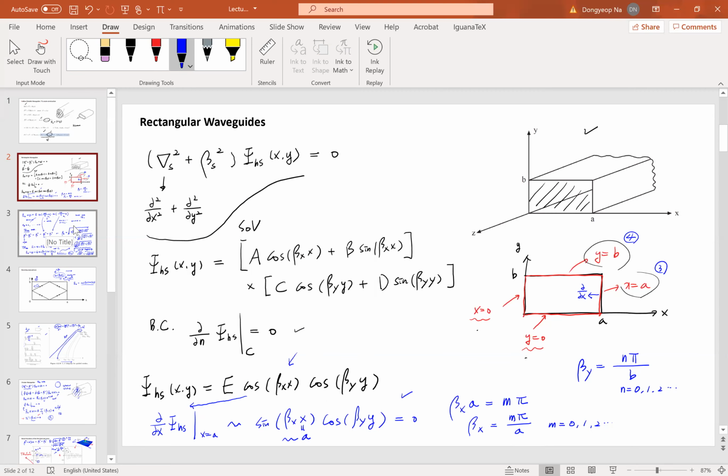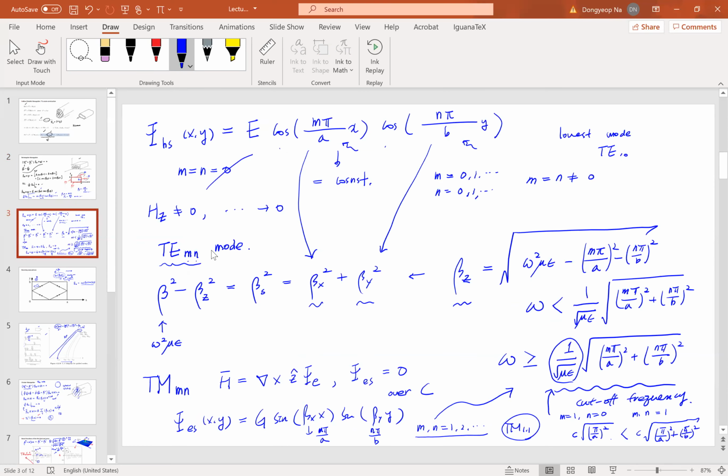So beta x and beta y determine the cutoff frequency that allows a wave to propagate inside this waveguide. The cutoff frequency is the speed of light times the square root of beta x squared plus beta y squared. And this cutoff frequency can change depending on the integers m and n.